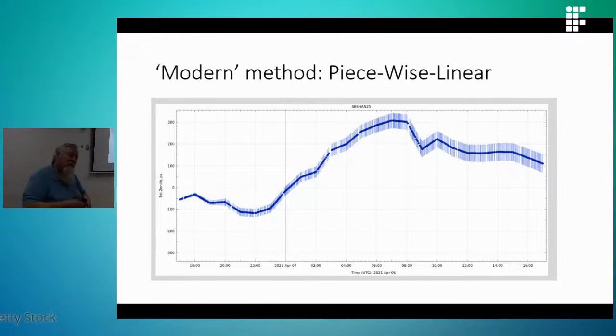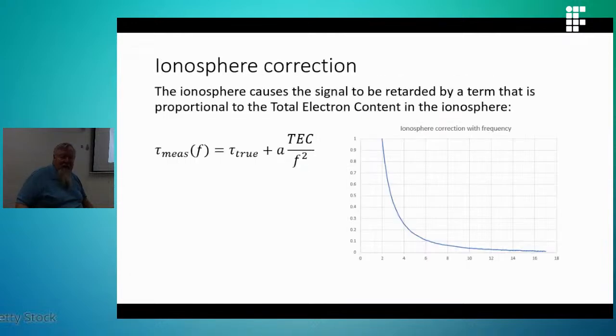The next thing I'm going to talk about is ionosphere correction. When the signal is passing through the ionosphere, it causes the signal to slow down. The amount of slowdown depends on the electron content, how many free electrons there are in the atmosphere.